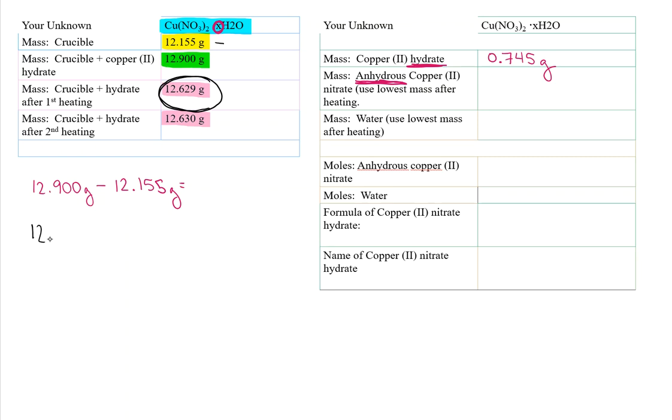So that's going to be 12.629 grams minus 12.155 grams. That gives you the mass of the anhydrous. After we've driven all the water off, the anhydrous is what's left over. 12.629 minus 12.155, 0.474.